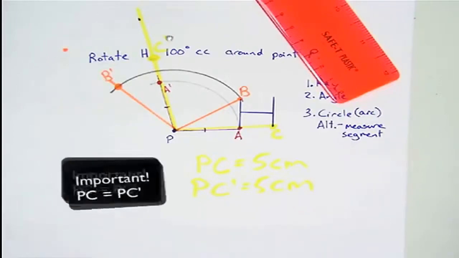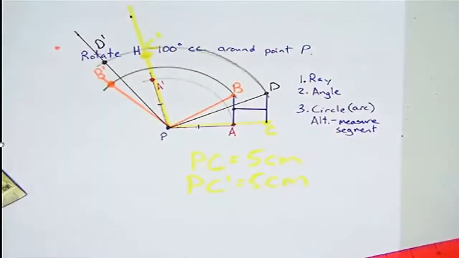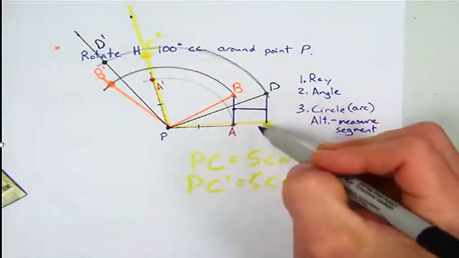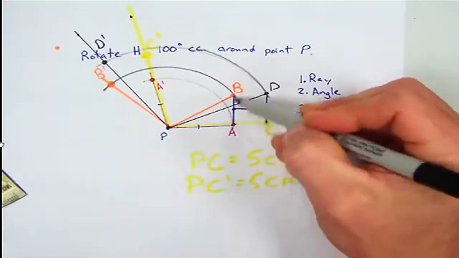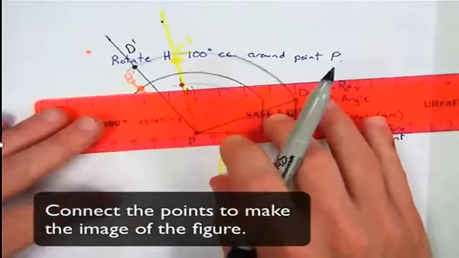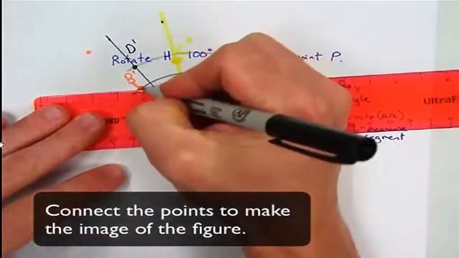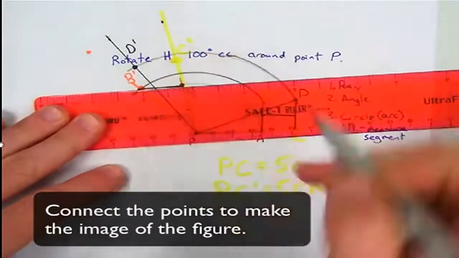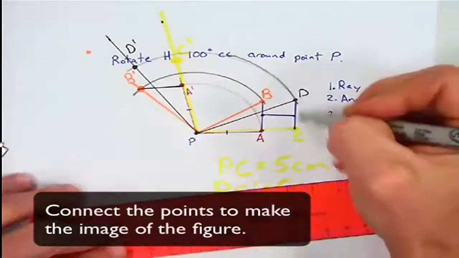Okay, so you got that. Then you just connect the segments so that it looks the same. So we want to connect A and B together. Okay, we want to connect C and D together.